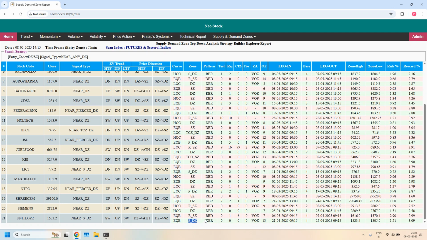And United Spirits is having a high liquidity 75 minutes demand zone. So total we identified 3 75 minutes high liquidity demand zones from this list.